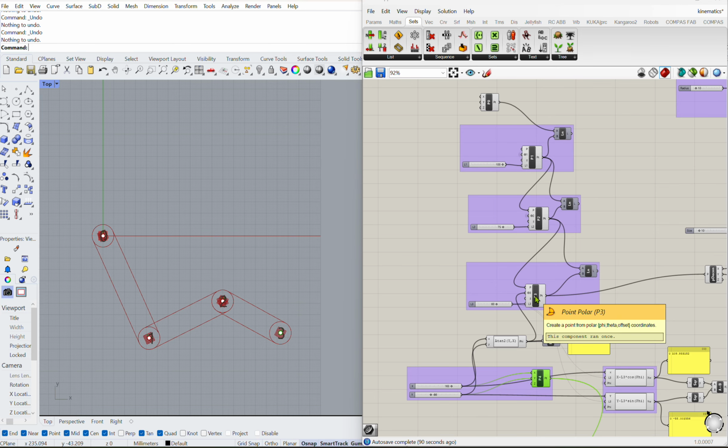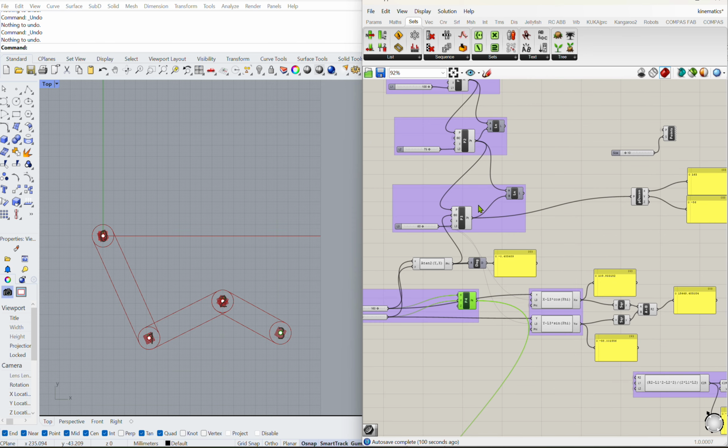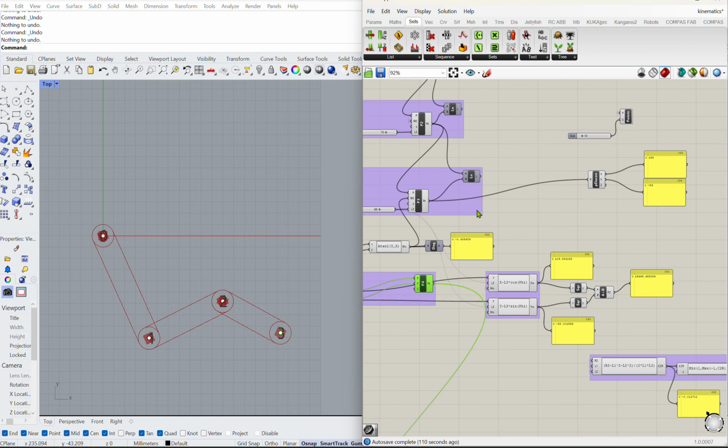So we go from theta 3, which is the same as phi. And so we just plug in phi to theta 3 to find our theta 3, and you'll find that equation right here.